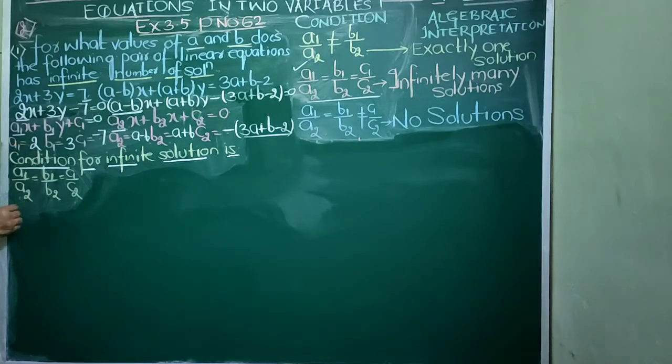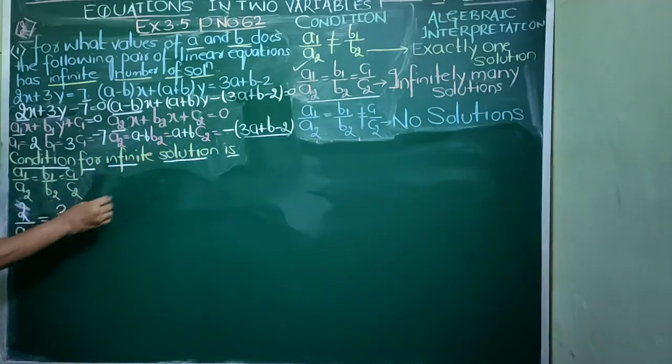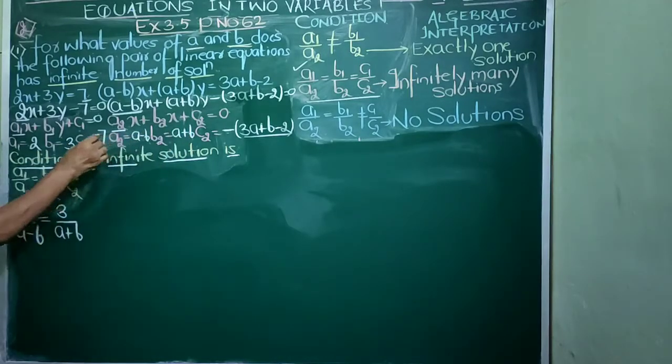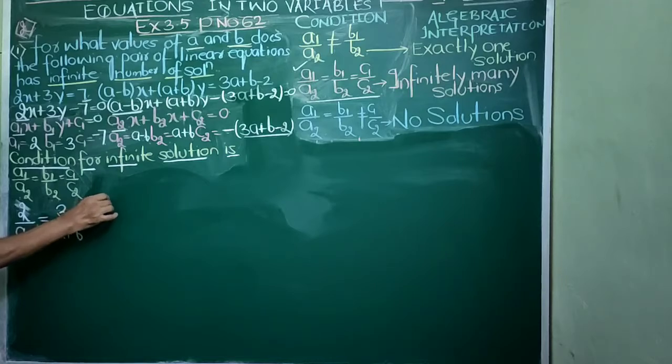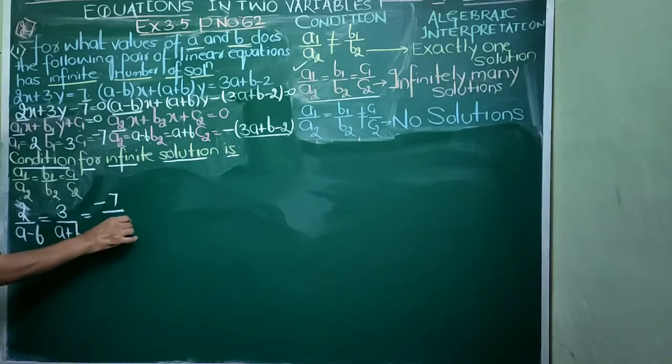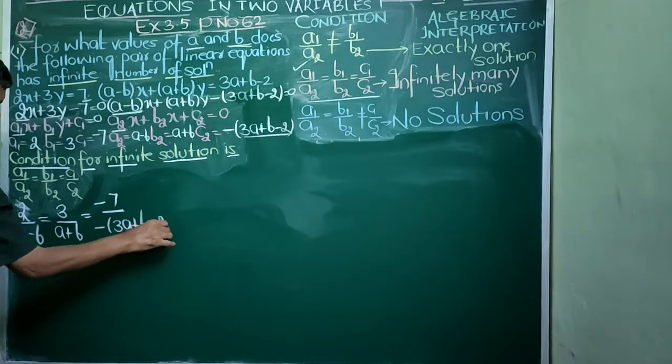Now you see here, the value of A1 is 2, and the value of A2 is A minus B. The value of B1 is 3, the value of B2 is A plus B. And the value of C1 is minus 7, and the value of C2 is minus of 3A plus B minus 2.